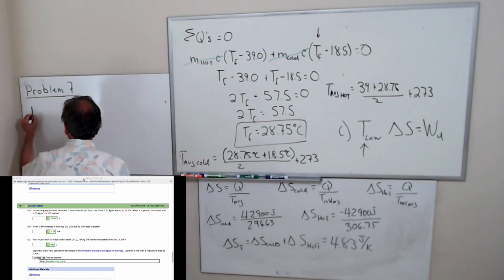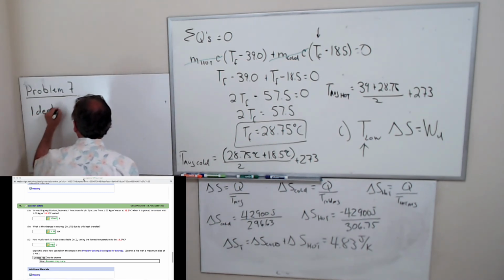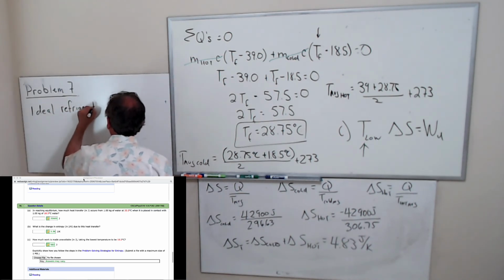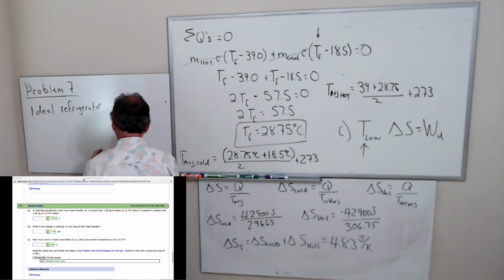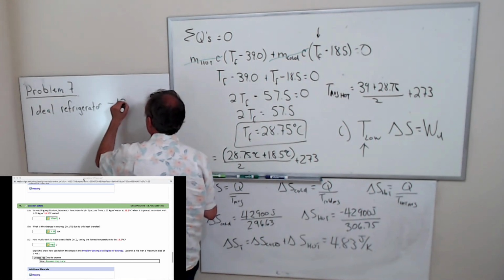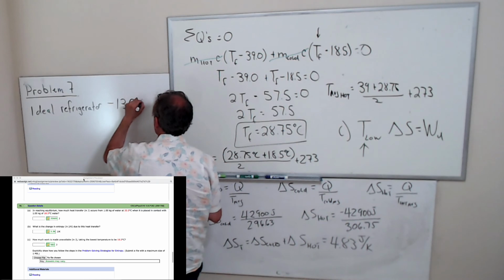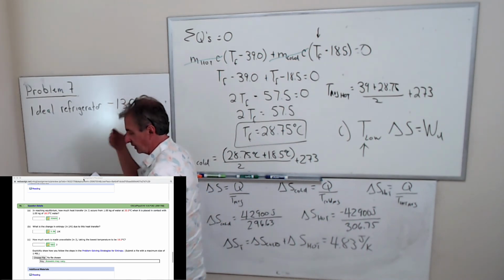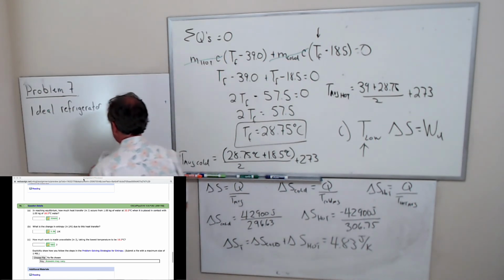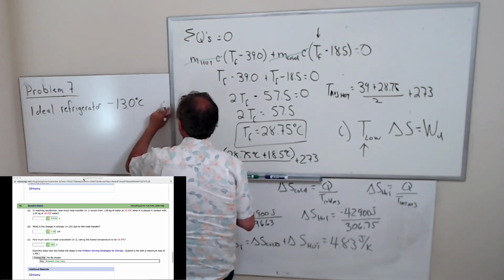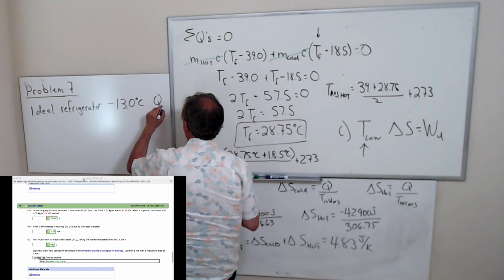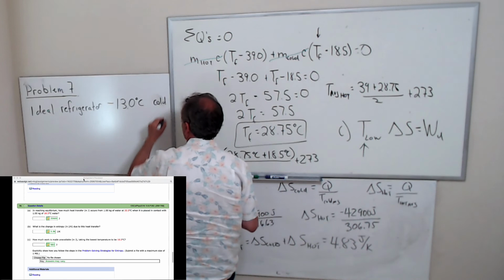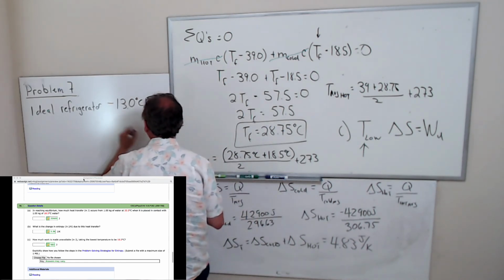So you have an ideal refrigerator. And my value is minus 13 Celsius. And it transfers heat to another environment, 56. So this is Q cold. I mean, this is the cold end. And then the hot end.